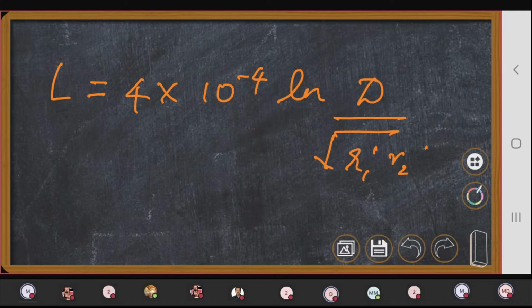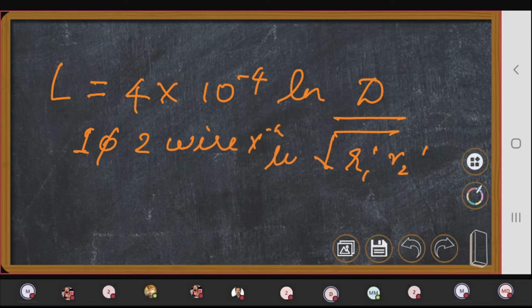This is the standard relation we have for a single phase two-wire transmission line. For theoretical cases, we may equate R1 dash and R2 dash as R. In this case, the question is given as R is the radius.